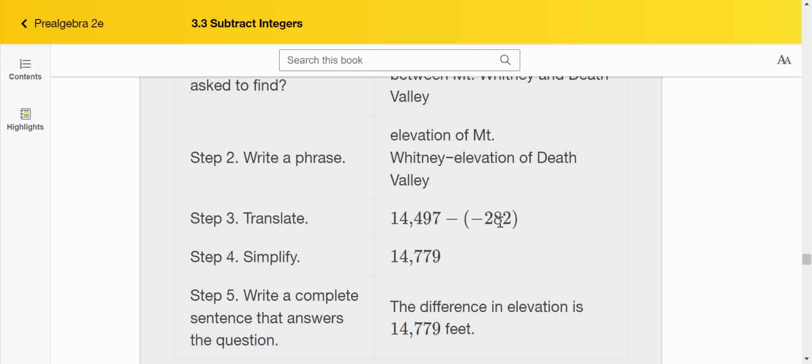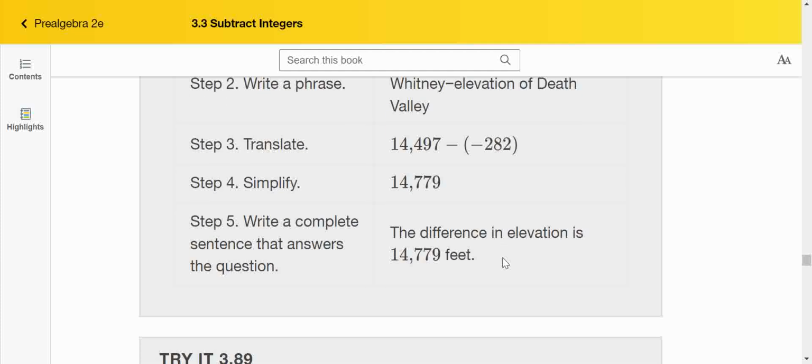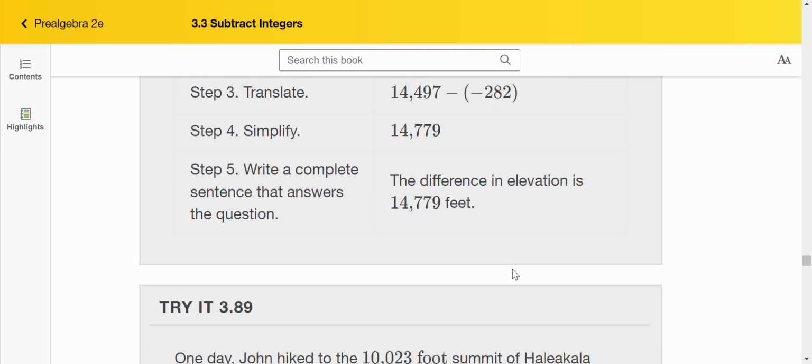Minus 282, that's the elevation of Death Valley. Step 4, simplify. That's 14,779, and I would use a calculator if you have to. Step 5, write a complete sentence that answers the question. The difference in elevation is 14,779 feet. There you have it.